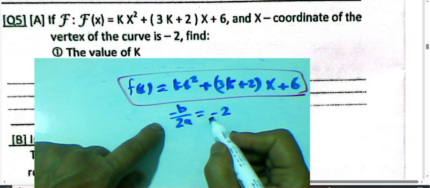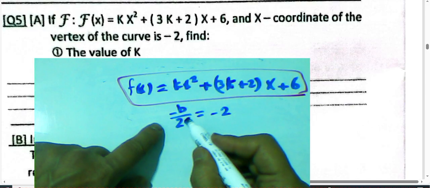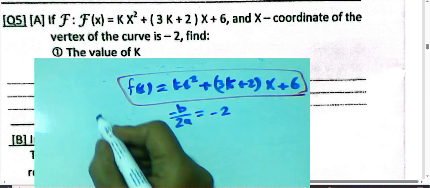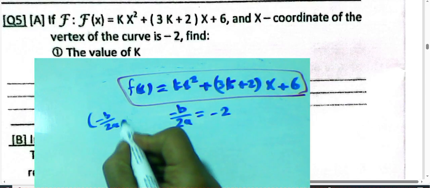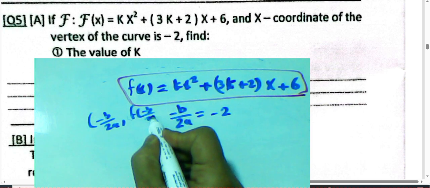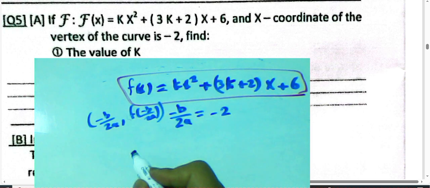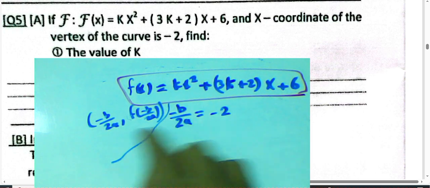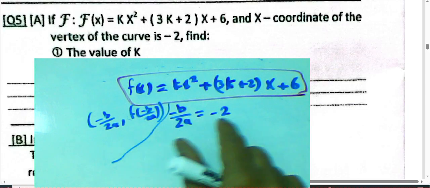Do you remember the vertex is the point with coordinates negative b over 2a and f of negative b over 2a? It is the vertex of any curve. He gives me the x coordinate, meaning negative b over 2a equals -2.